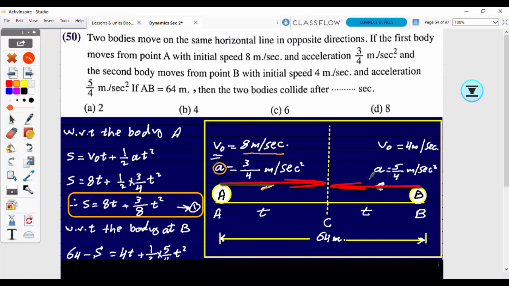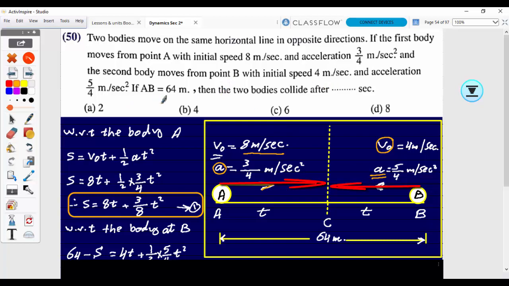In the opposite direction, the second body moves from the point B with initial speed 4. Initial speed means v naught. v naught equals 4 meters per second, and acceleration 5 over 4 meters per second squared. a equals 5 over 4 meters per second squared.